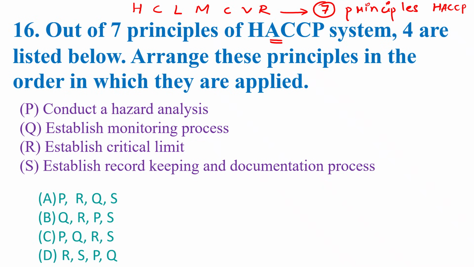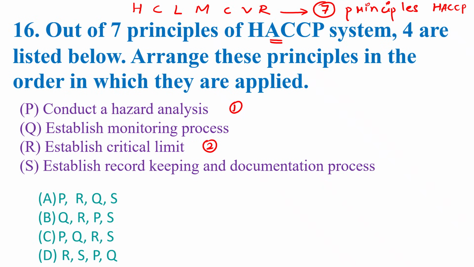Now over here, first one, that is conduct a hazard analysis, means we'll identify the potential biological, chemical or physical hazards. Next we'll establish the critical limits. So this is first, this is second, that means we'll set the maximum or minimum values to ensure safety, like temperatures or pH.